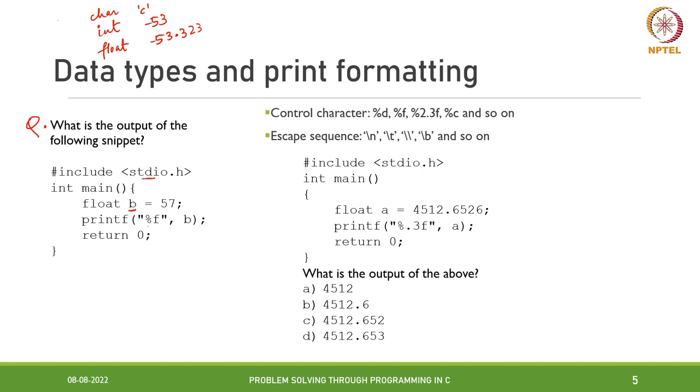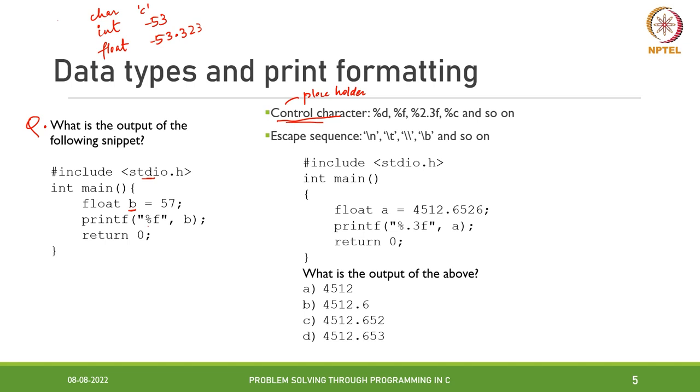So percentage f is a placeholder, a control character. What is a control character? It's a placeholder with which you can decide how your output will look. If I write percentage f inside the double inverted commas, the compiler will know that I am trying to print floating point data.